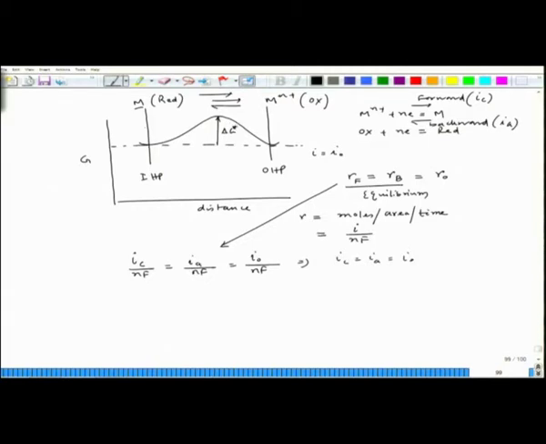Now, if this barrier is nothing but delta G star, and if we consider N1, let us put it as capital N1 in order to differentiate between this n and this N. This is N1, this is N2.